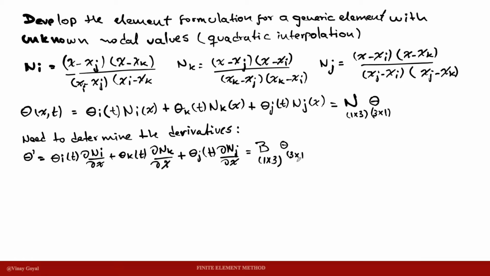All right. The other derivative we need is with respect to time. So we have theta dot. Different from the previous derivative, this time we are taking the derivative of the coefficient with respect to time, and the shape function remains the same.